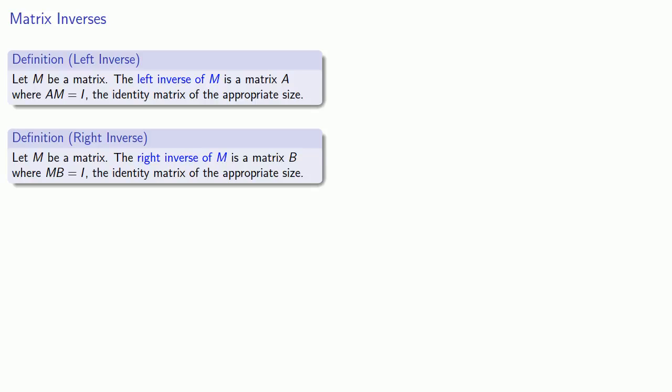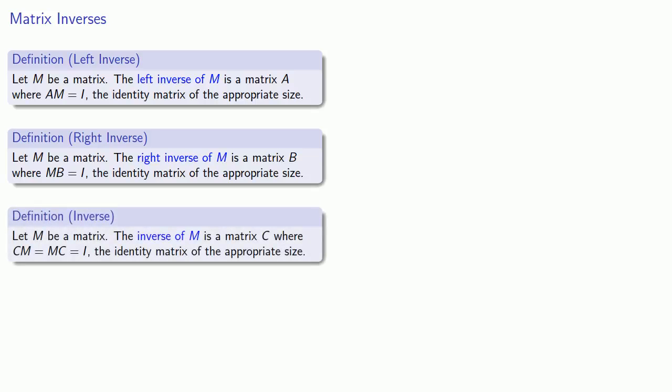Well, what if I have a matrix C, where if I multiply on the left, CM, or if I multiply on the right, MC, in either case I get the identity matrix. In that case, I'll call C the inverse of M, no right, no left, just plain inverse. And we frequently indicate the inverse of the matrix M as M superscript minus 1 by analogy with our multiplicative inverse.